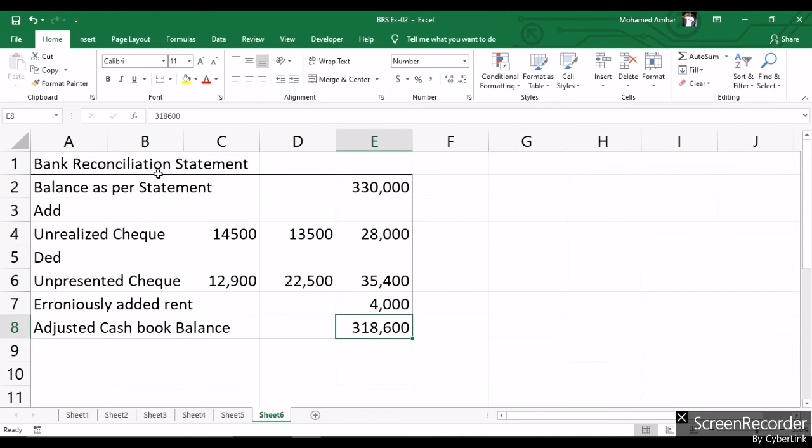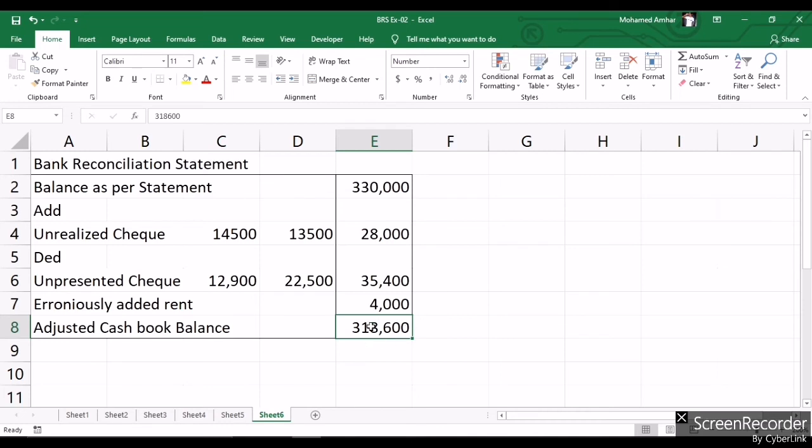Here in the bank reconciliation statement, the balance as per statement is 330,000. The adjusted cash book balance is 318,600. So the checks issued by the organization are already correctly recorded.